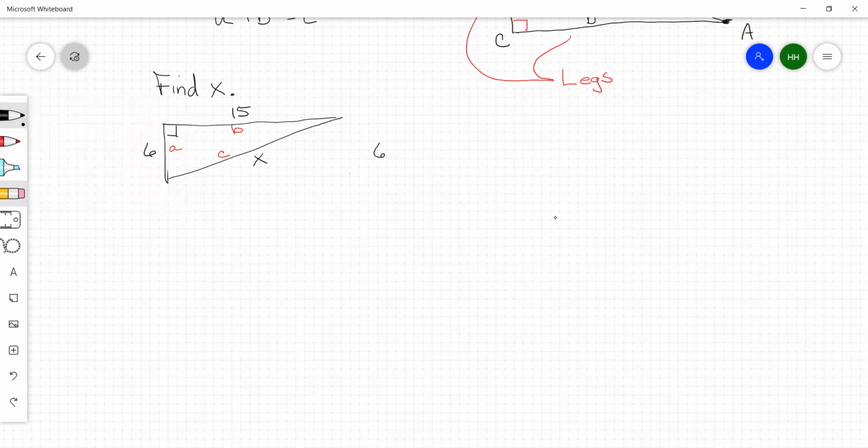So in this problem, we got 6 squared plus 15 squared equals x squared. So that is 36 plus 225 equals x squared.